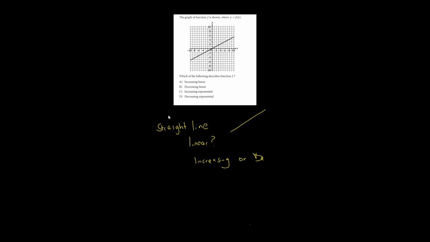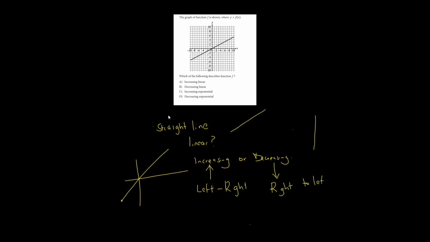The rule of thumb is that an increasing function moves from left to right, as we can see, while a decreasing function moves from right to left. A decreasing function looks like this. You understand? Yes, that is the rule of thumb.